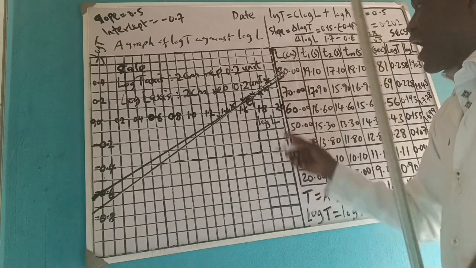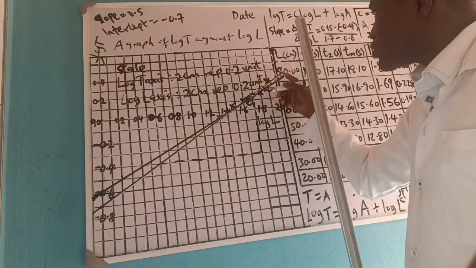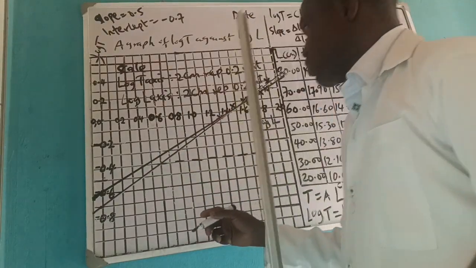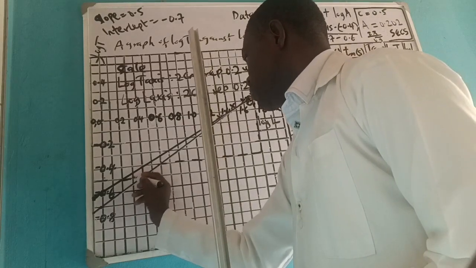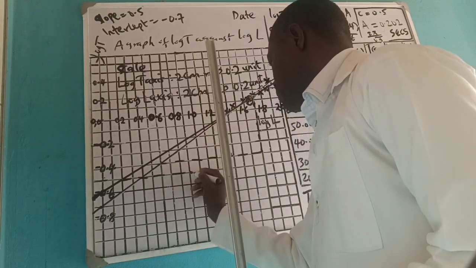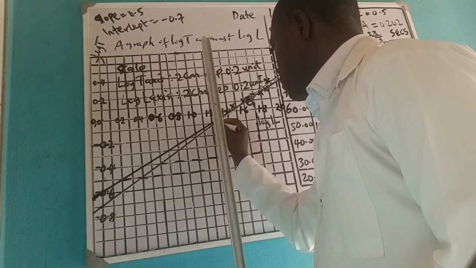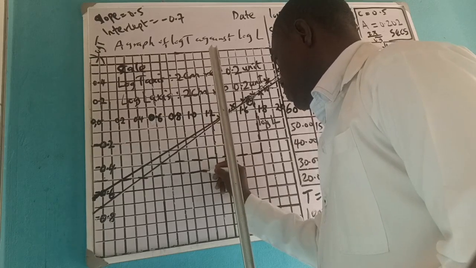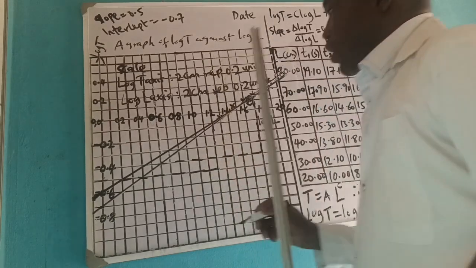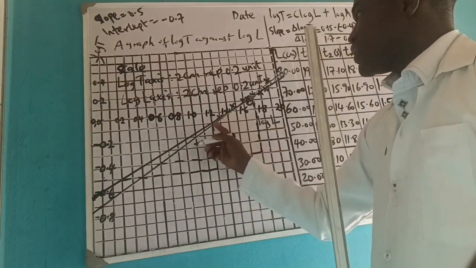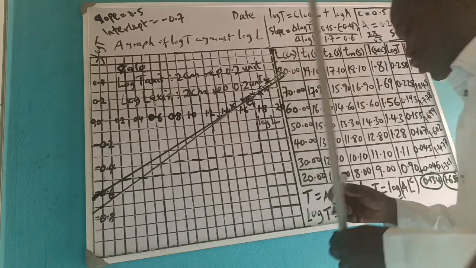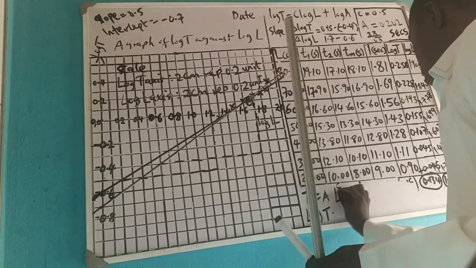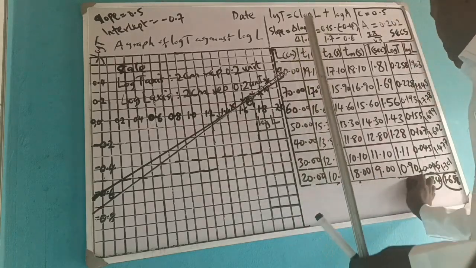I will have to also note the slope of this line of worst fit. Look at how it passes. Let me connect it like this. So here our slope is going to be, you get the vertical, the higher part minus the lower part.